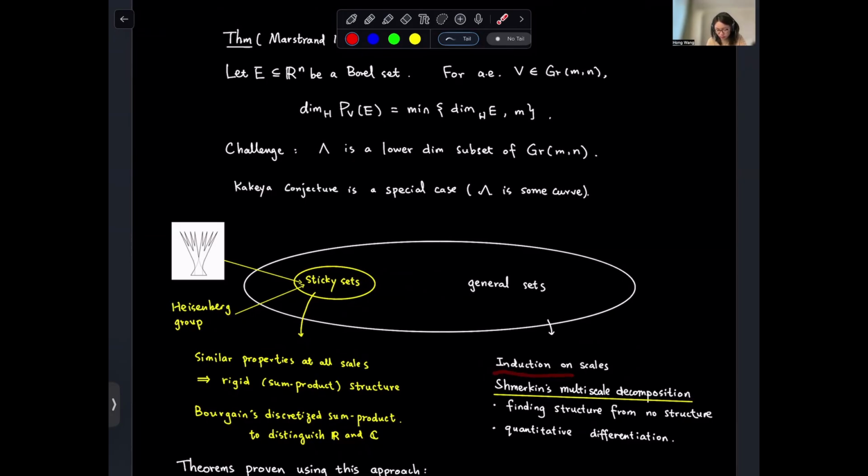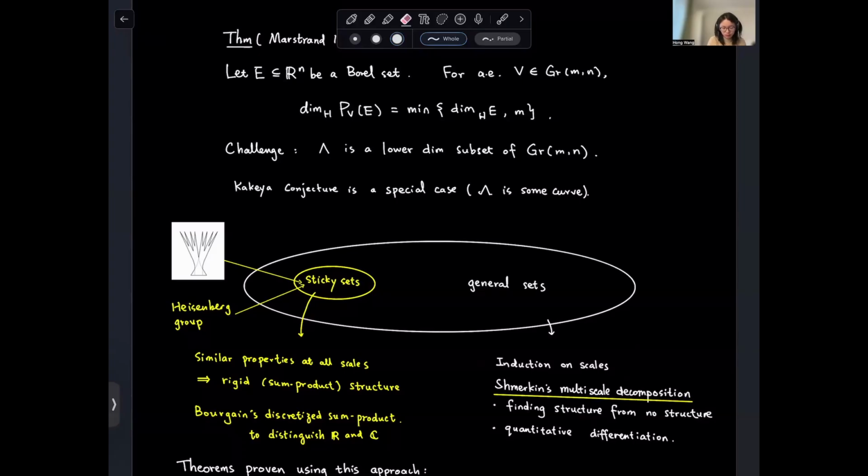One of the powerful ideas, I think due to Orponen-Shmerkin, is that for any general set, we can find some sort of multi-scale decomposition to find some structure in those sets. But for different problems, the sticky sets might mean different things.